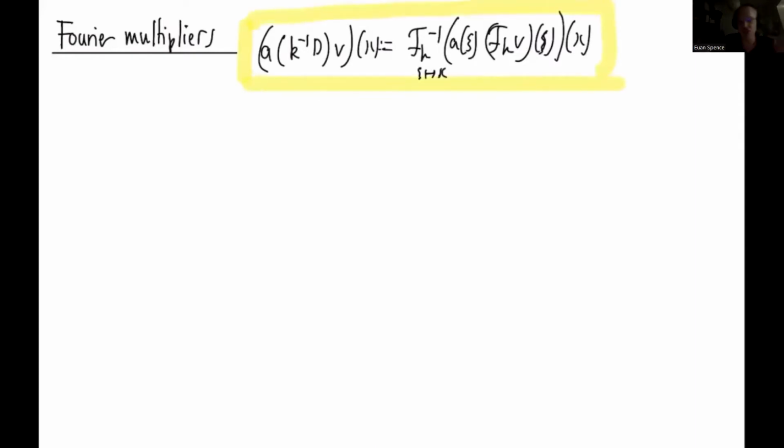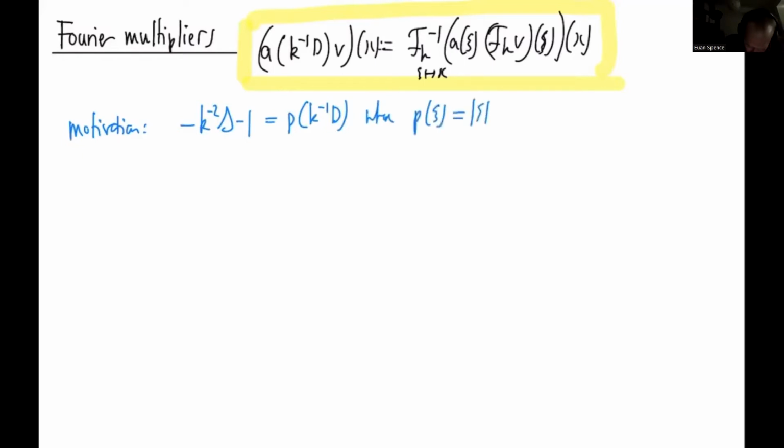And the motivation? Well, why am I suddenly studying these? The motivation is that the Helmholtz operator is a Fourier multiplier, p(k^{-1}D), where this p of psi is psi squared minus 1.